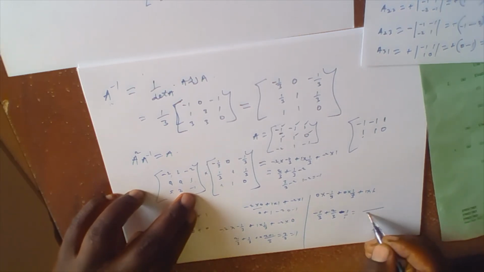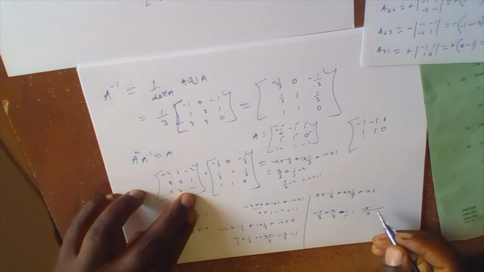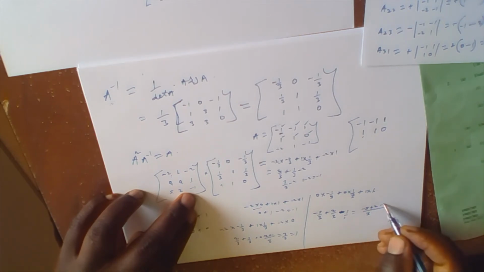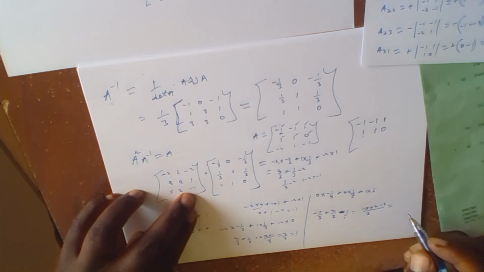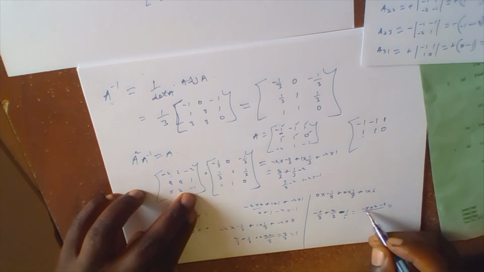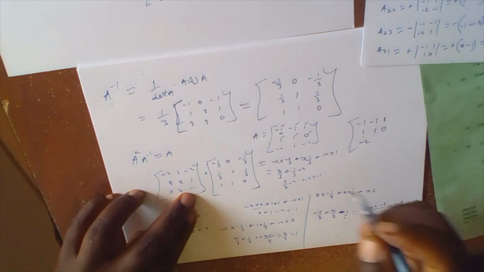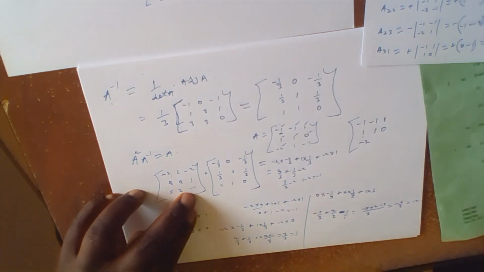The LCM here is 3. 3 there 1, so we have minus 5 plus 2. 1 there 3 times that, so minus 3. So this equals minus 5 plus 2 minus 3, so we have negative 6 all over 3, which equals negative 2. So this is negative 2, which is that one.